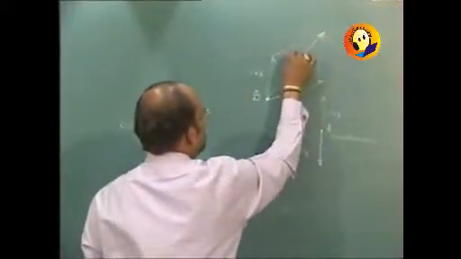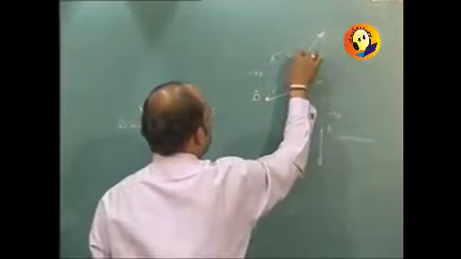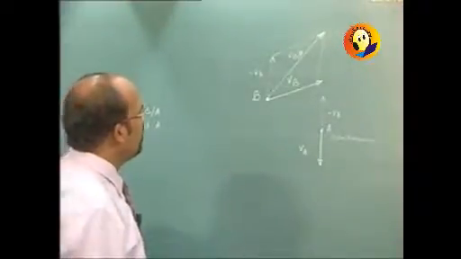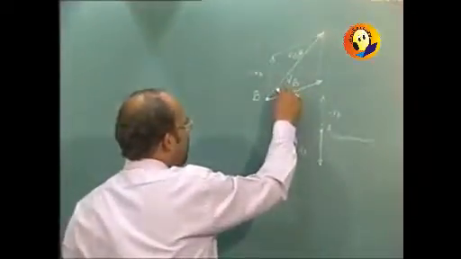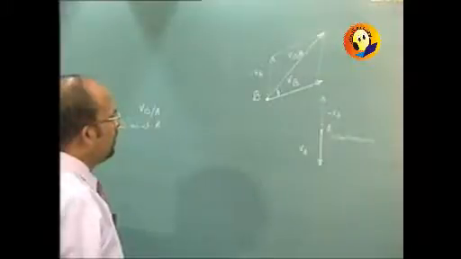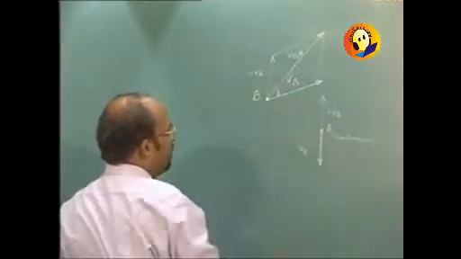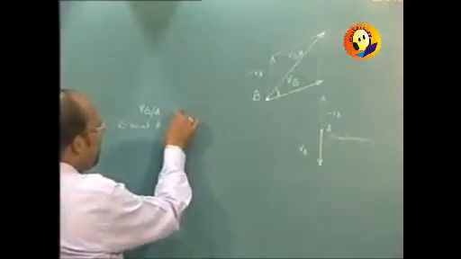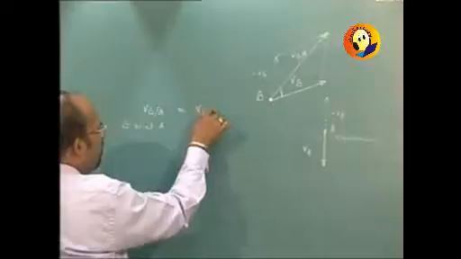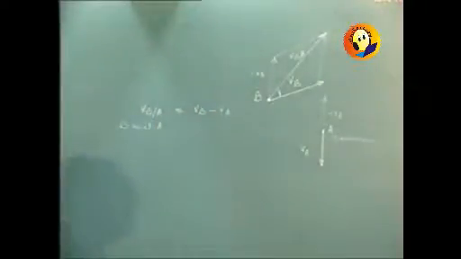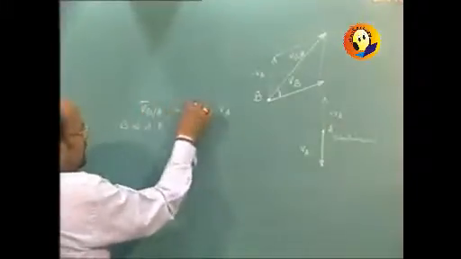So, this is velocity of B with respect to A. Of course, this angle also can be calculated, we have got the cosine rule, by which the angle made by the resultant with one side of that parallelogram can be very well found out. So this was velocity of B with respect to A. Here velocity of B with respect to A can be written as velocity of B minus velocity of A. But remember that it is not going to be the scalar subtraction, it is a vector subtraction.